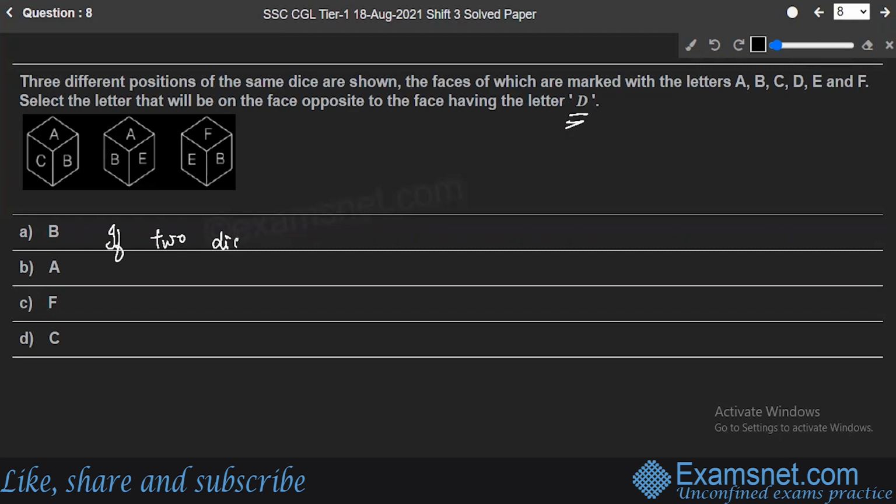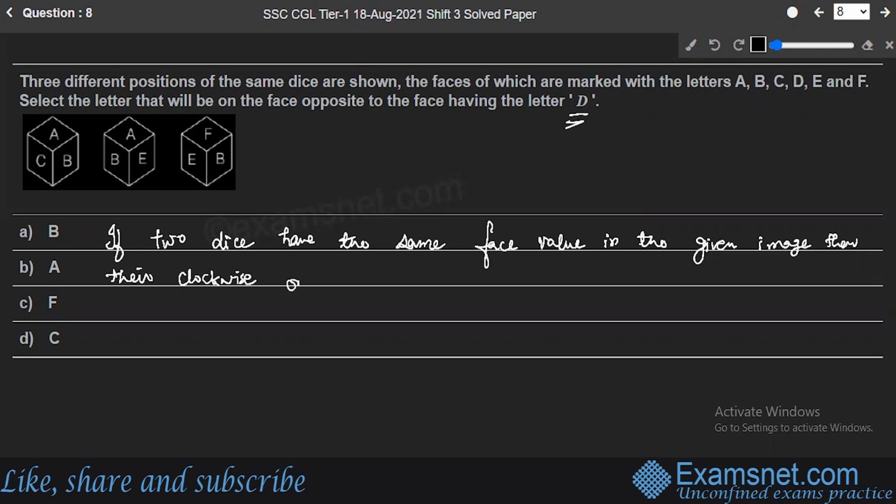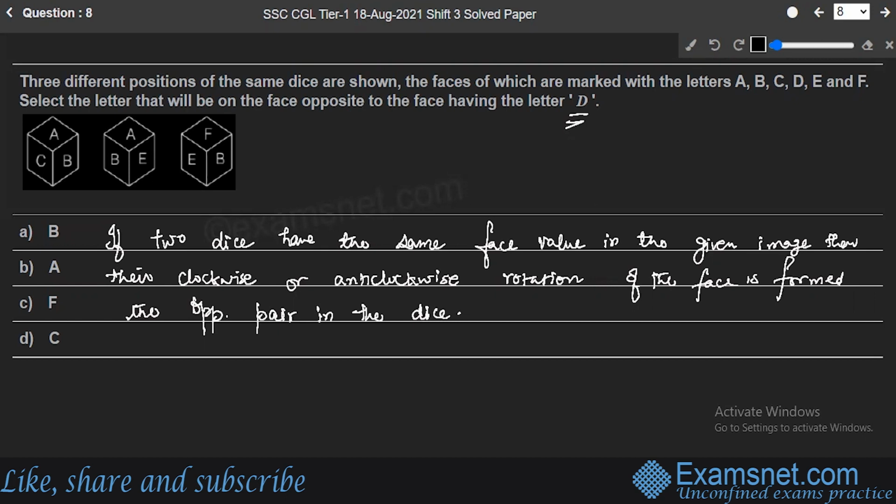If 2 dice have the same face value in the given image, then their clockwise or anti-clockwise rotation of the face forms the opposite pair in the dice.